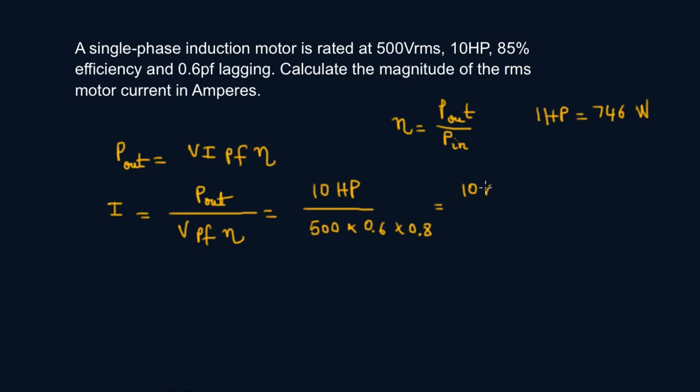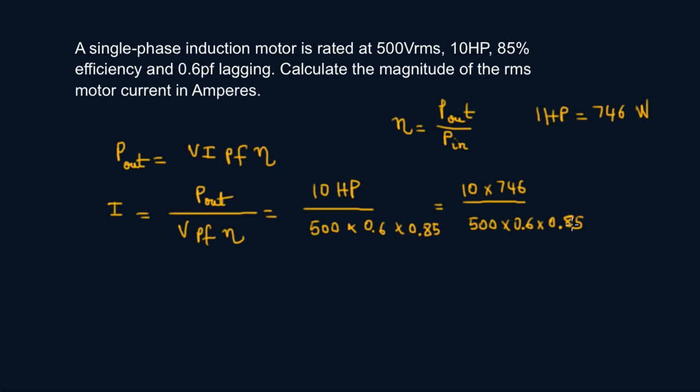So you have 10 times 746 over 500 times 0.6 times 0.85. Efficiency is typically given in percentage.